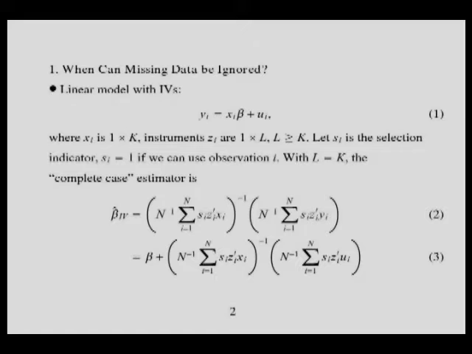So if we start with the linear model, and to just allow some generality, consider estimating it by instrumental variables. So think of equation 1 as being a random draw from the population of interest, and then we may or may not observe all of the data that we need in order to estimate this equation by either 2-stage least squares or actually even some sort of generalized method of moments procedure.